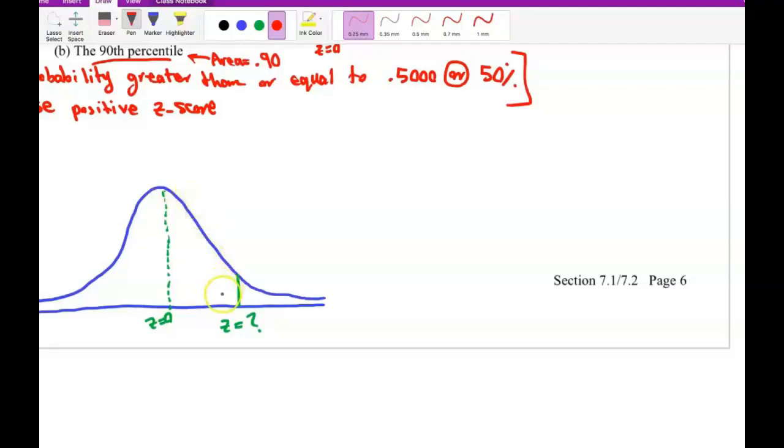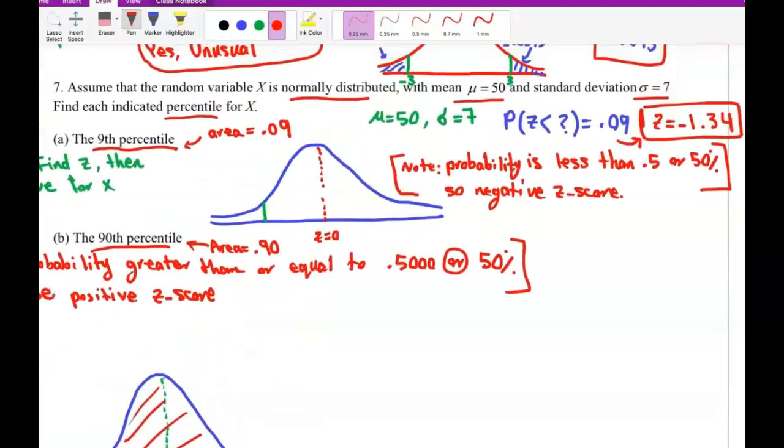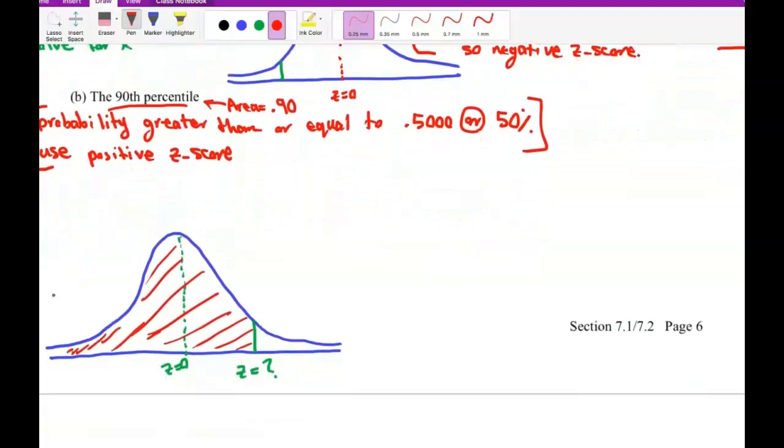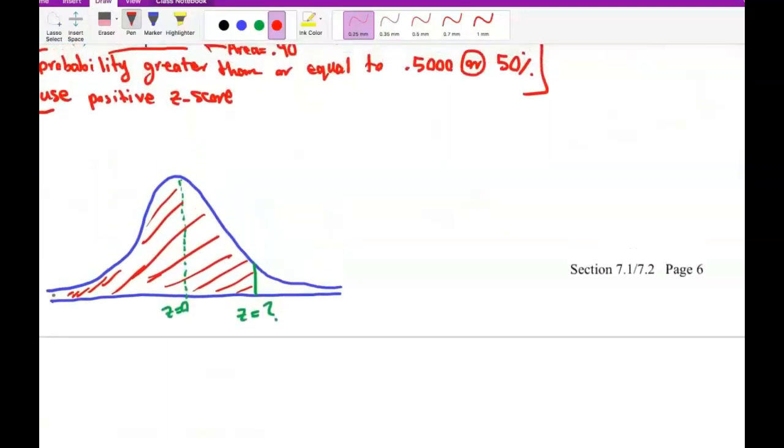And we need to find, okay. So here is what we have on this part: probability of Z less than, I don't know what that part is, that is equal to area, given as 90%, and we need to find Z.